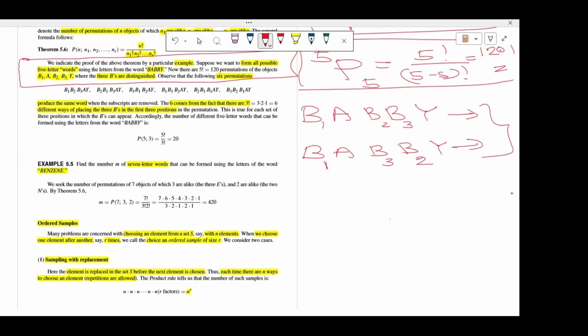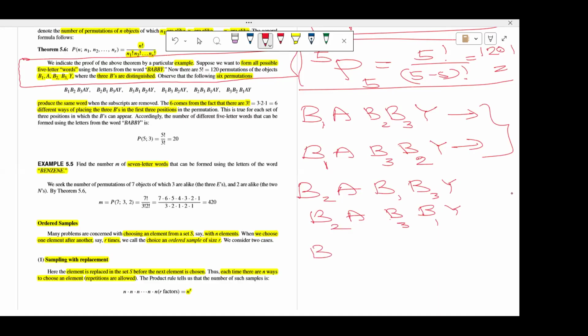But the B is the same, right? The same B occurs three times. So the next word that person makes is this way: second B, 1, 3; second B, 3, 1.